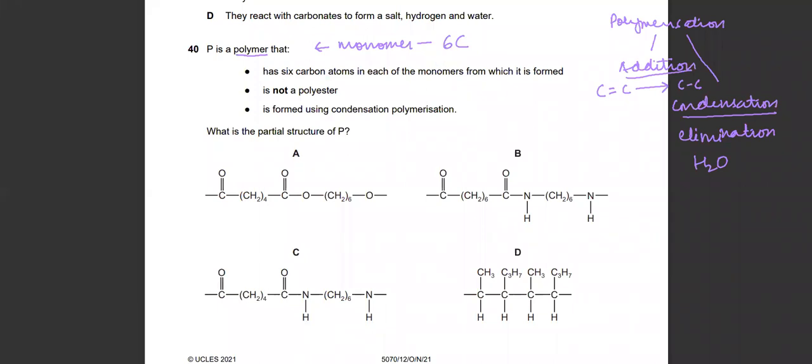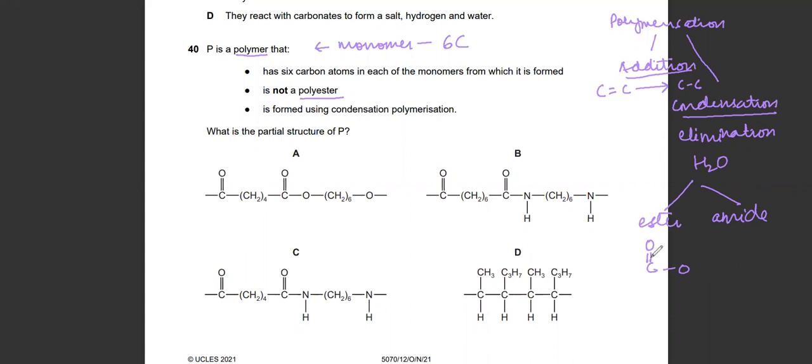Moving ahead, it says that it is not a polyester. So when we talk about condensation polymerization, they have linkages. They have either the ester linkage or the amide linkage. Linkages are the repeat units which are common throughout the polymer.